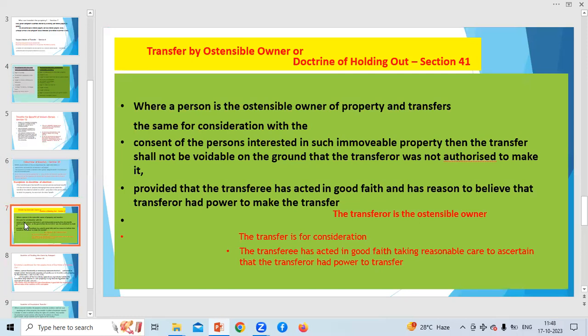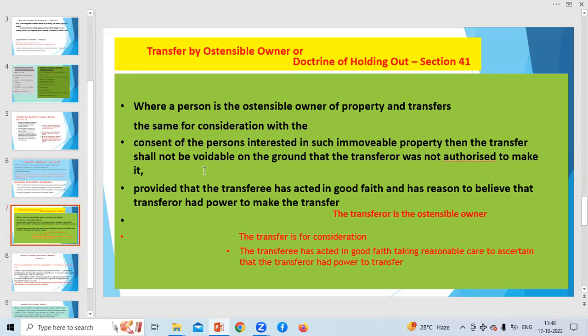Transfer by ostensible owner, or doctrine of holding out. Section 41. Where a person is the ostensible owner of property and transfers the same for consideration with the consent of the person interested in such immovable property, then the transfer shall not be voidable on the ground that the transferor was not authorized to make it.